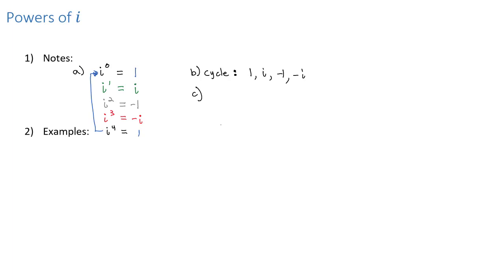In other words, if I have a big power on i, I can divide the exponent by 4, and the remainder is used to simplify the expression.